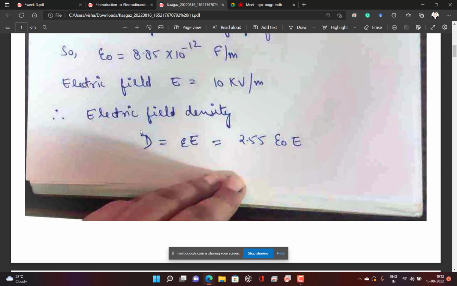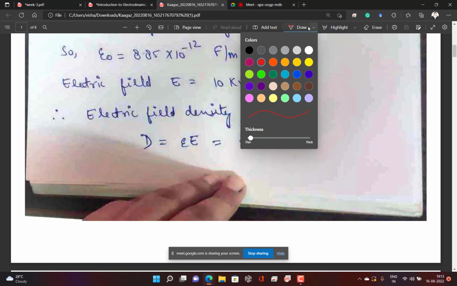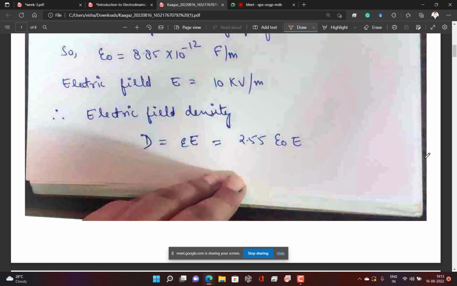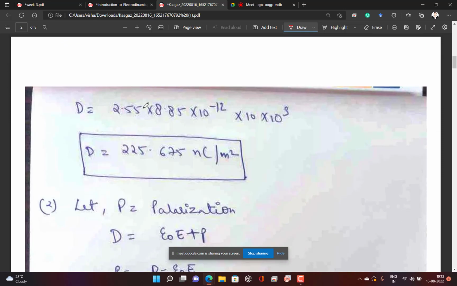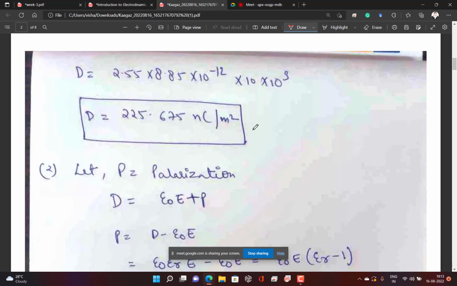So electric flux density will be D equals epsilon E, that is 2.55 times epsilon naught times E. Now you will put all the values here and the value for D will be there.